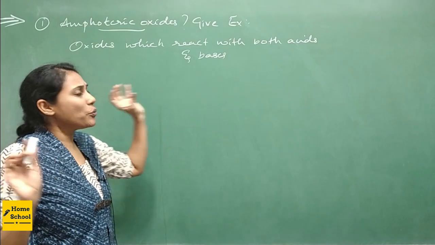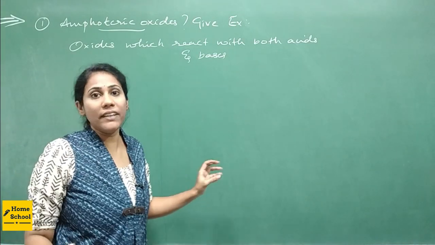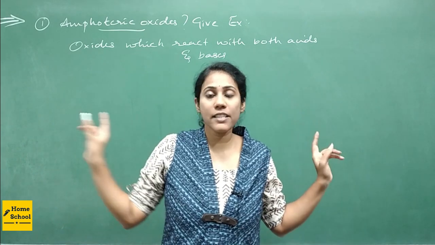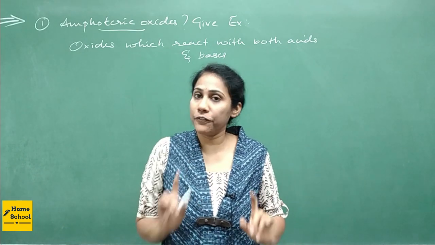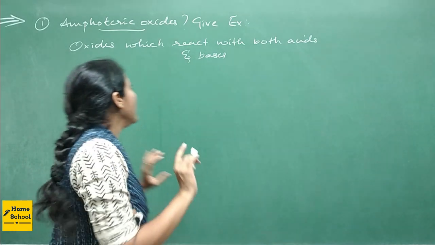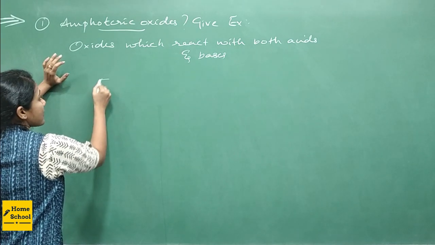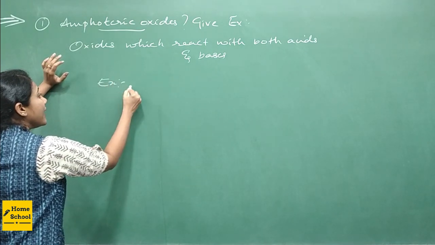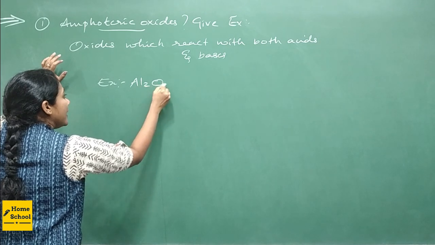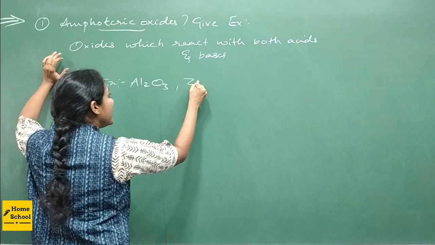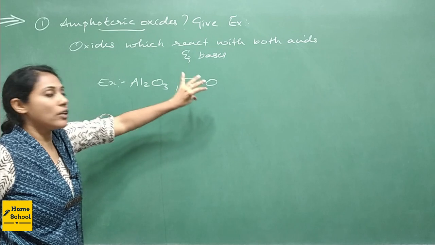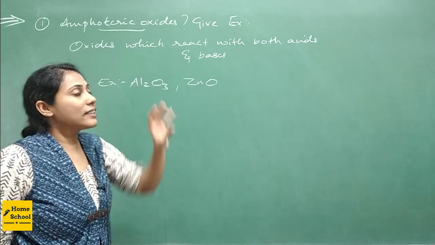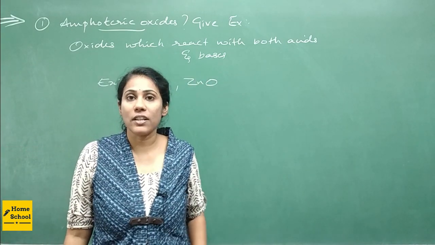I am just showing the definition in a very simple way. You can write the definition like this also, you will get the mark definitely. And the examples they will ask: aluminium oxide, Al2O3, and another example you can remember, zinc oxide. These two are examples of amphoteric oxide.